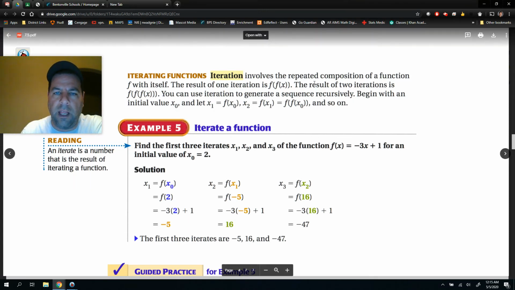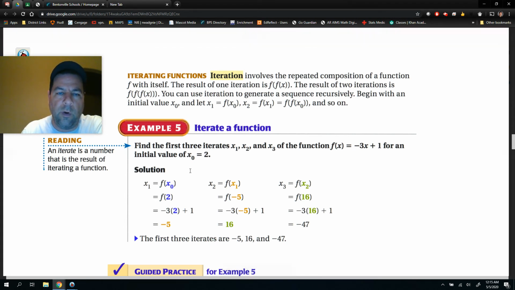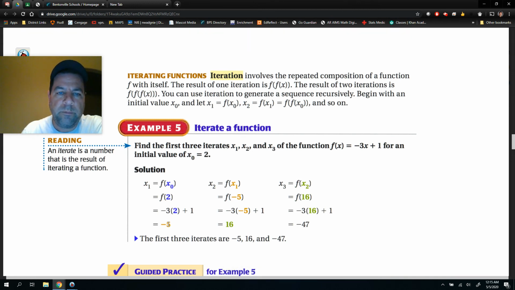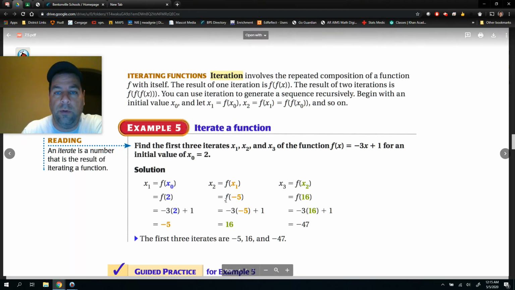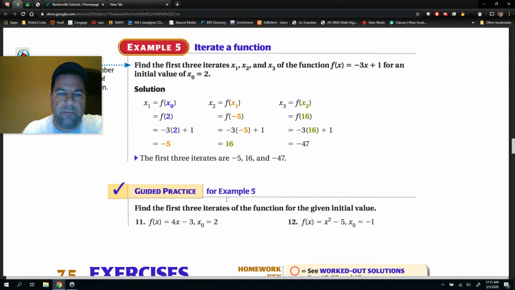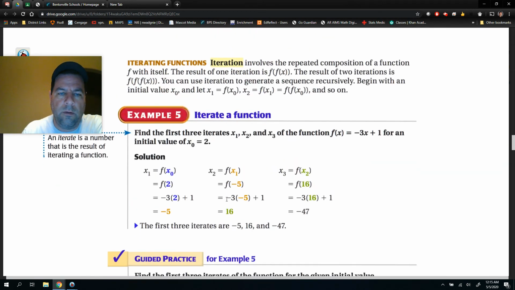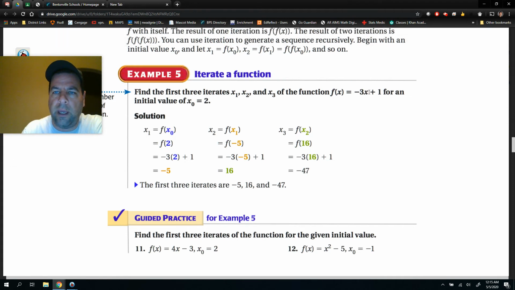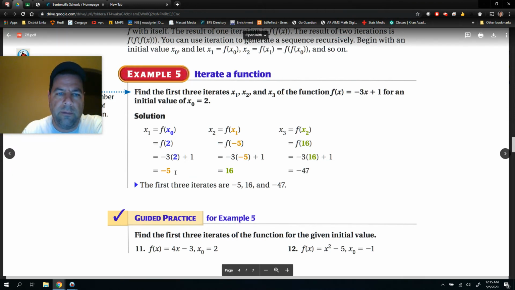They make this sound a lot worse than it is. You find the f of 2 to find that x of 1 because they gave us x of 0. If they gave me x of 1, then I would just plug it in to get x of 2. So you plug in 2 for x and you will get negative 5.